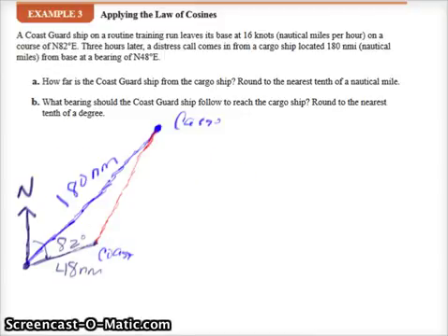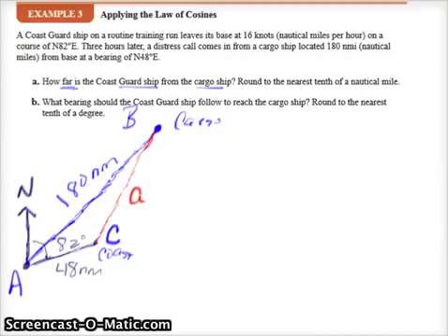Well, if I just label the triangle, we'll call that A, we'll call that B, we'll call that C. A says, how far is the Coast Guard ship from the cargo ship? So it wants this distance here, which we're going to call little a. Round to the nearest tenth of a nautical mile.